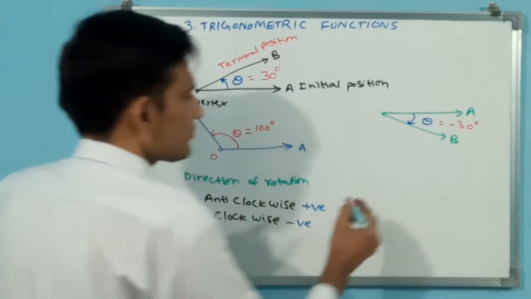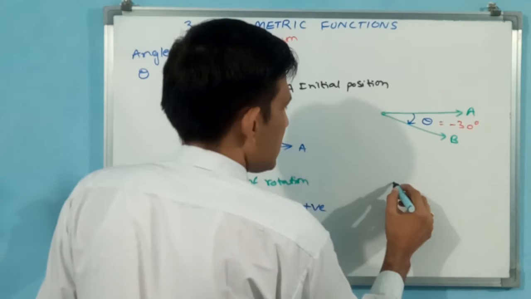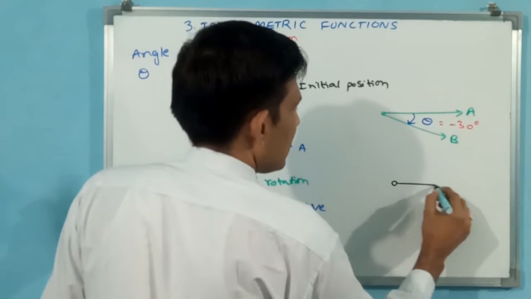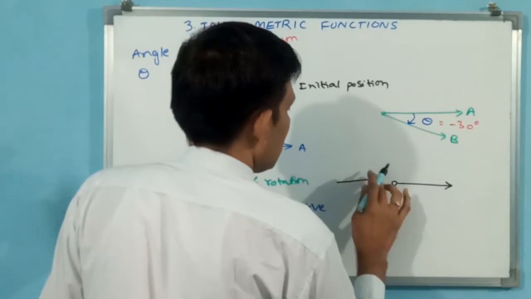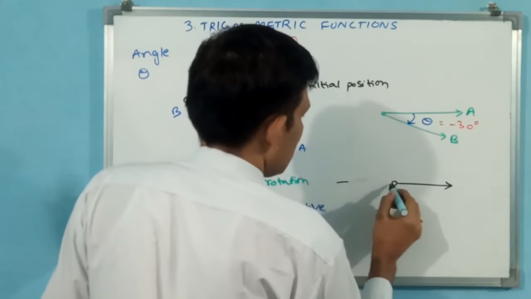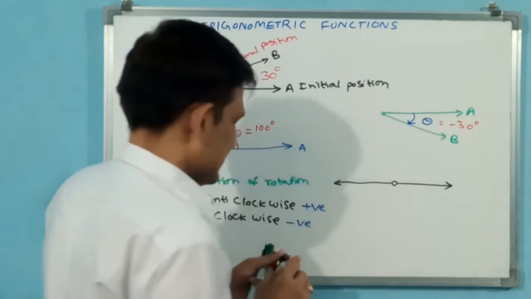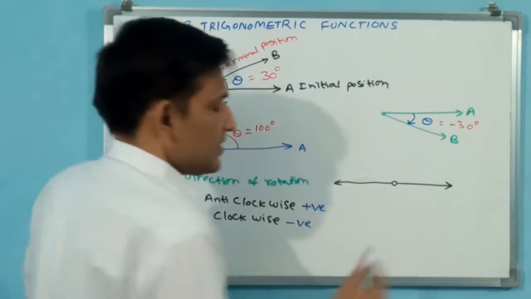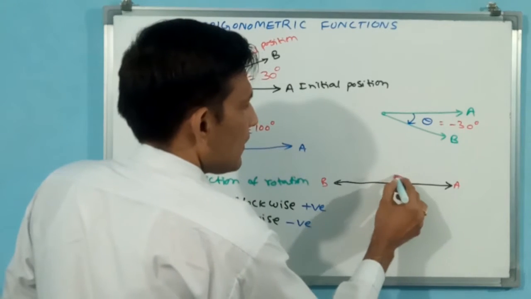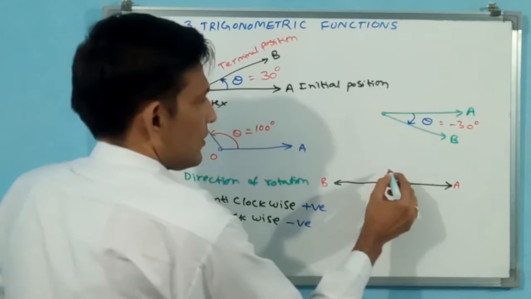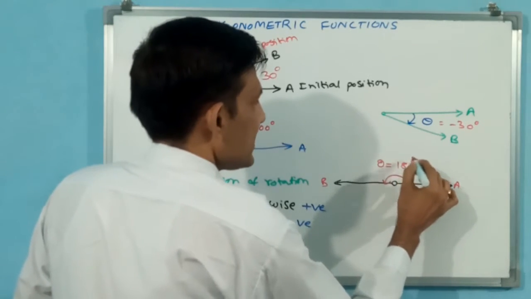Okay, now you see, say this is A, this is B, this is how much? Theta is equal to positive 180 degrees. Why?